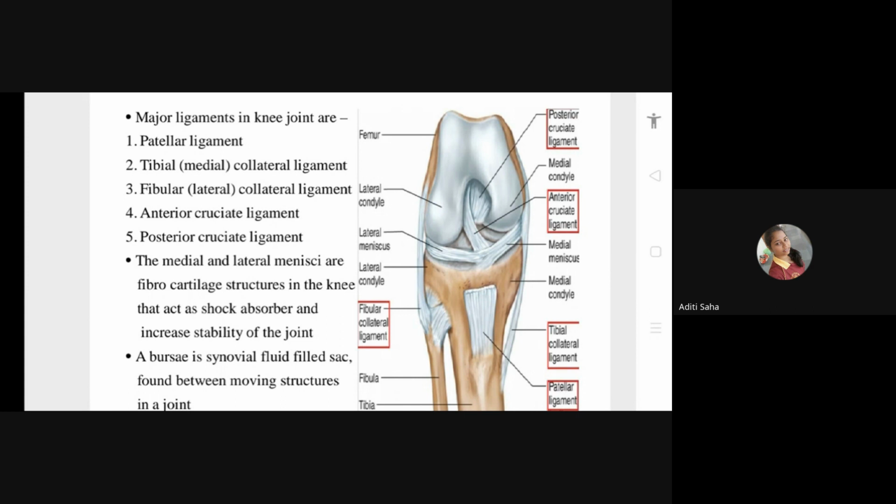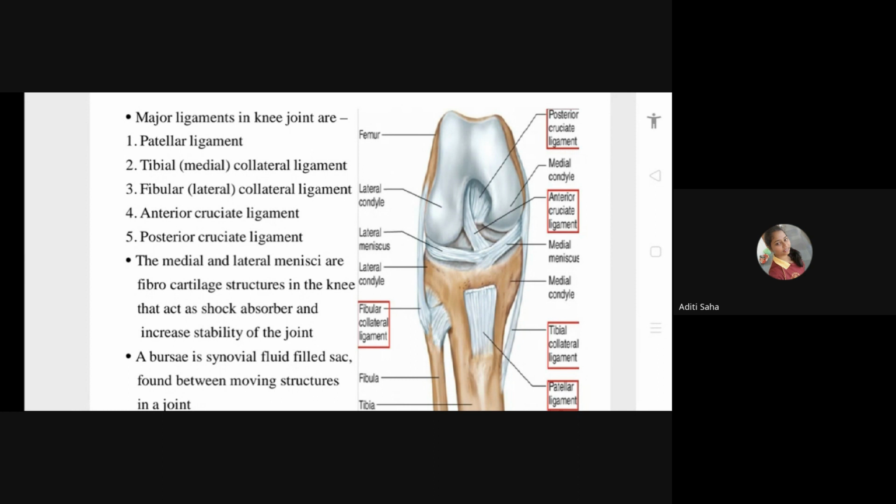So the patellar ligament is connecting the patella to the tibia. Okay. Next is the tibial collateral ligament. You can see in this picture it is joining the tibia to the femur in the medial side.